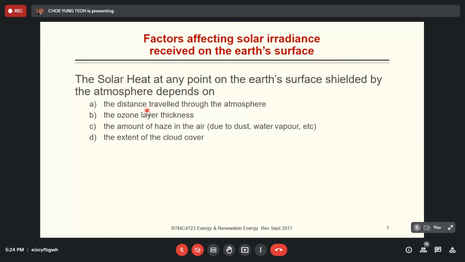The first one is the distance traveled through the atmosphere. Why will the distance traveled through the atmosphere be different? The atmosphere should have a similar thickness around the world, around 50 kilometers thick. But of course, it is very hard to define the thickness because the amount of air gets lesser and lesser until 0.